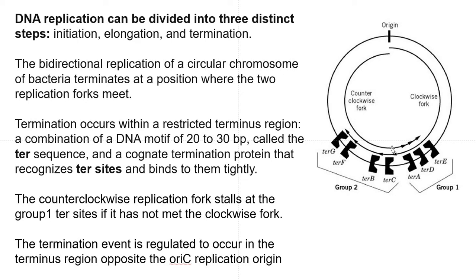So the counterclockwise fork can pass through group 2 ter sites, but it will not be able to pass through group 1 sites, so it will stop there. Similarly, the clockwise fork will be able to pass through group 1 but not through group 2. That way replication will halt here, opposite to the origin of replication.